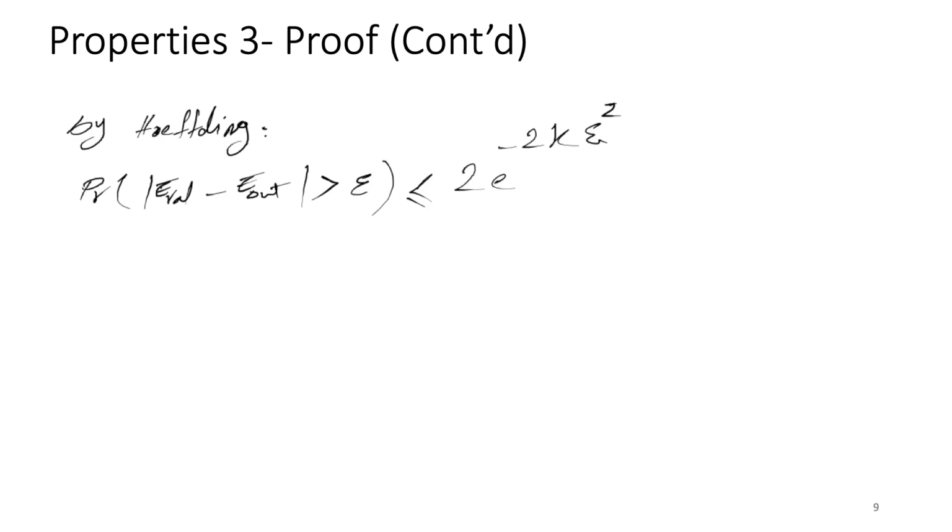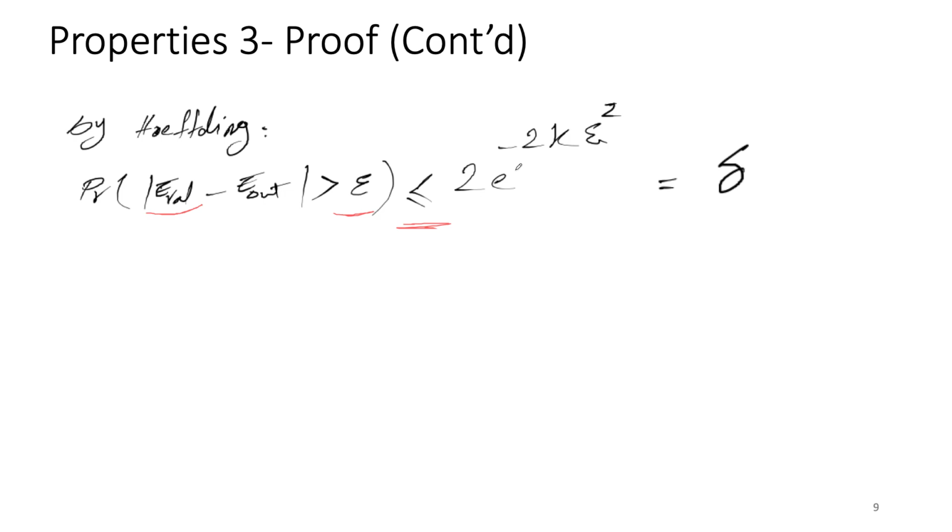Okay, so if you recall, we had Hoeffding's inequality. So now if we interchange validation error with the out of sample error here, using Hoeffding's inequality, we can say the probability of the differences between these two errors being within epsilon is going to be smaller than or equal to 2 times an exponential of minus 2 epsilon squared k, right?